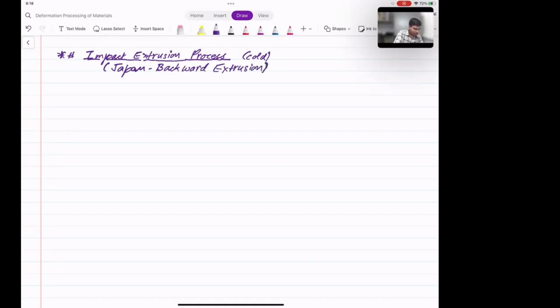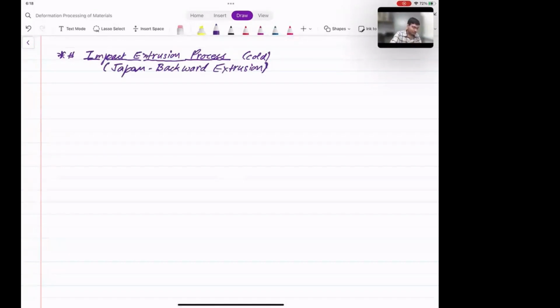So how it is done is there is a die which holds the billet, and there is a punch which comes from the top and presses the billet, which in turn gets extruded to form the final shape or product.